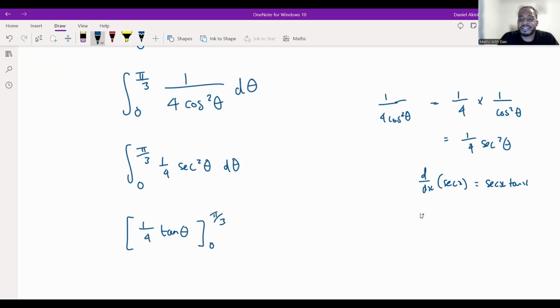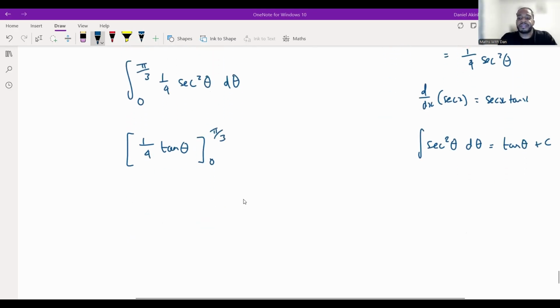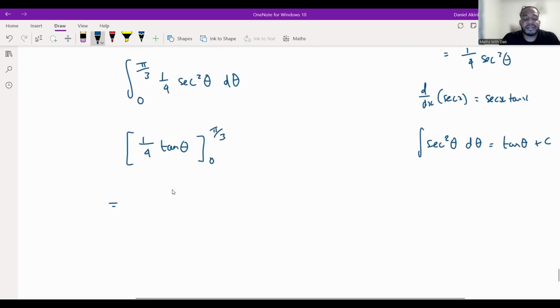Does that make sense, guys? We already said the integral of sec squared theta is just tan theta plus c. Yeah, we happy with that, guys? So now what we're going to do is find the limits: a quarter tan pi over 3, take away a quarter tan of 0.